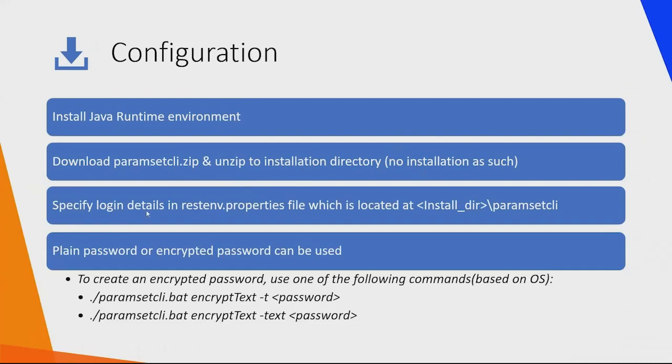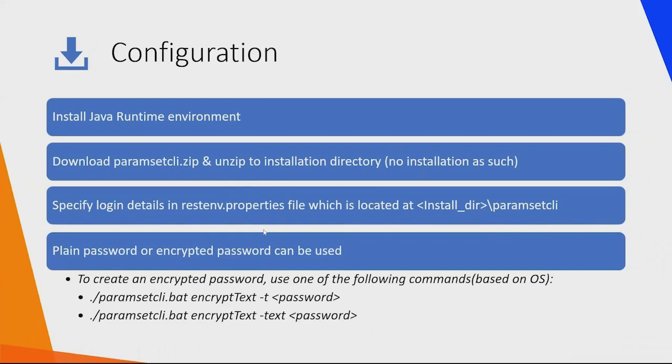And when you unzip it, it comes with some property files, and out of those there is one property file called rest env.properties where we have to modify some of the values, and this is located under the install directory, paramset CLI.